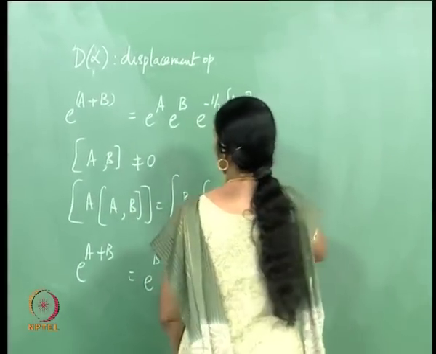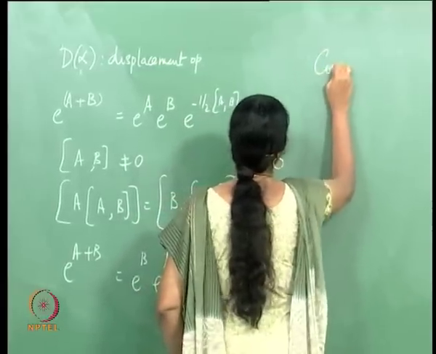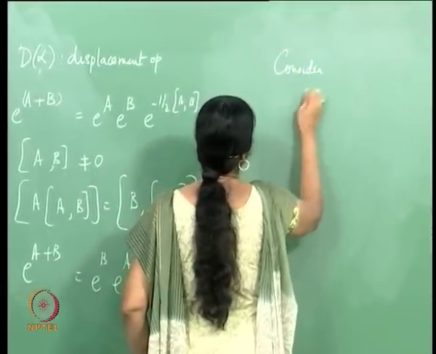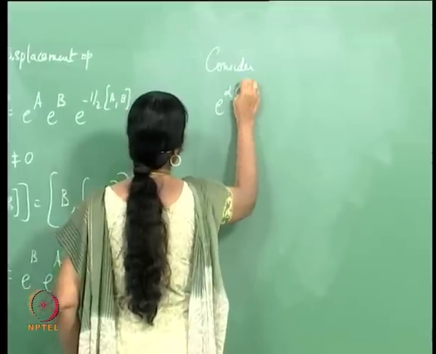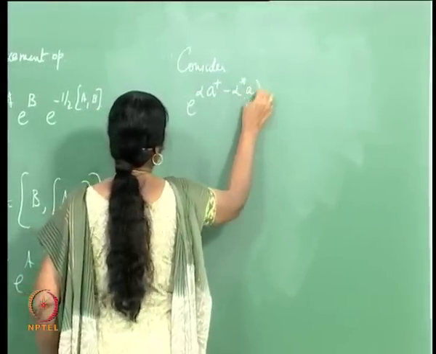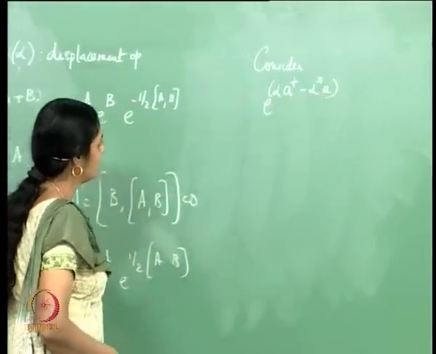Let us look at this example. Consider e to the alpha a dagger minus alpha star a. Consider this operator.